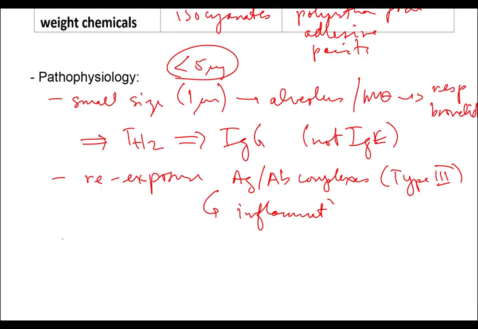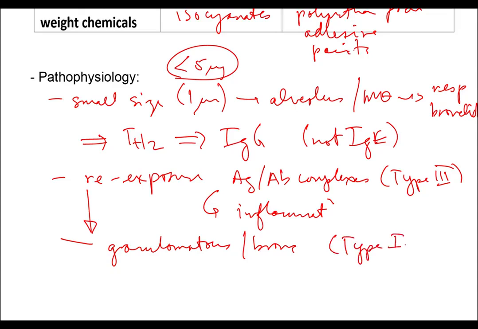If it carries on over any length of time, there's our acute exposure, but over time, we're going to see a granulomatous response. And this granulomatous response is going to be at the level of the bronchiole. And now we can see that if we're talking about granuloma formation, this now becomes a type 1 hypersensitivity.